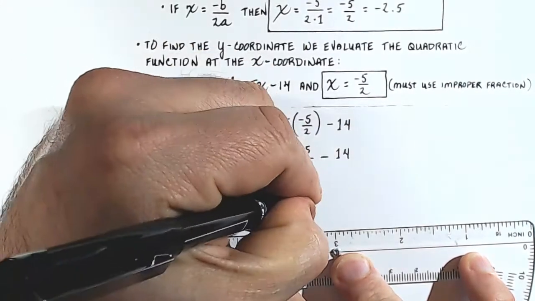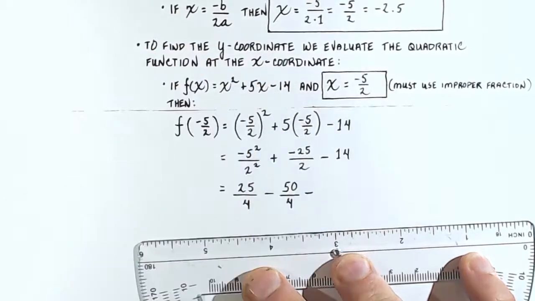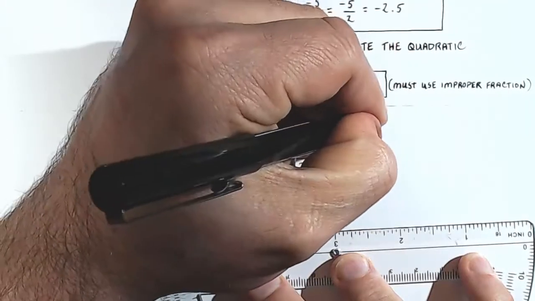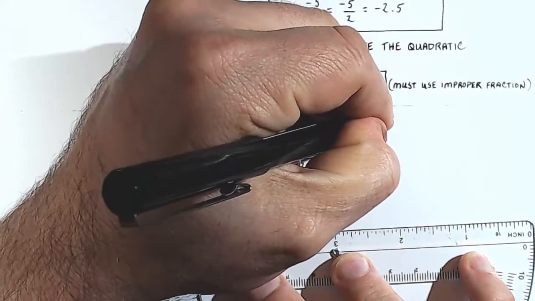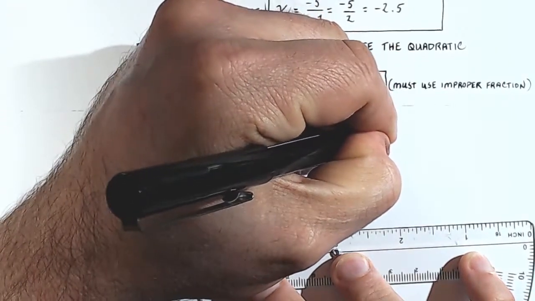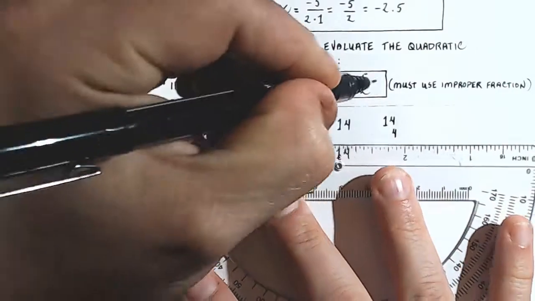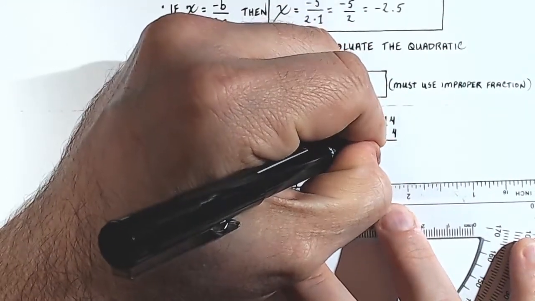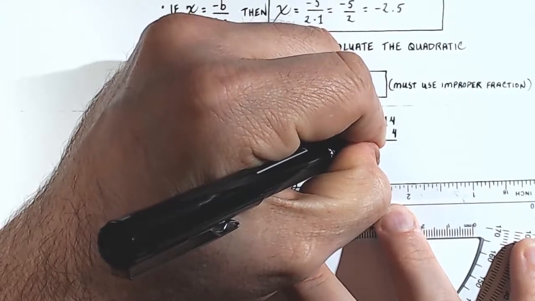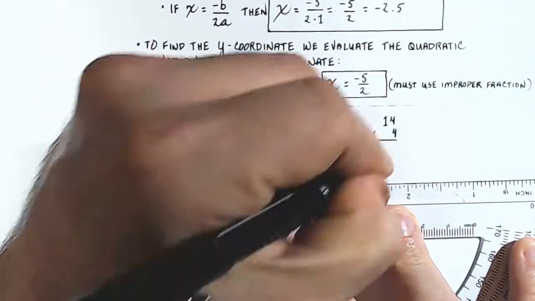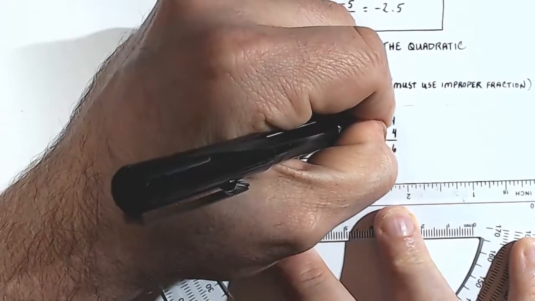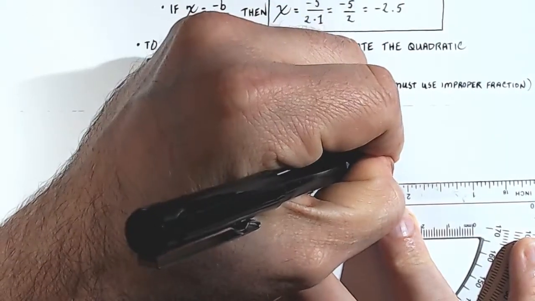And now we need to subtract 14, but we should put 14 in terms of 4. So over in side work here, we'll do 14 times 4. We're basically doing 14 over 1 times 4 over 4. And 14 times 4 is 56.